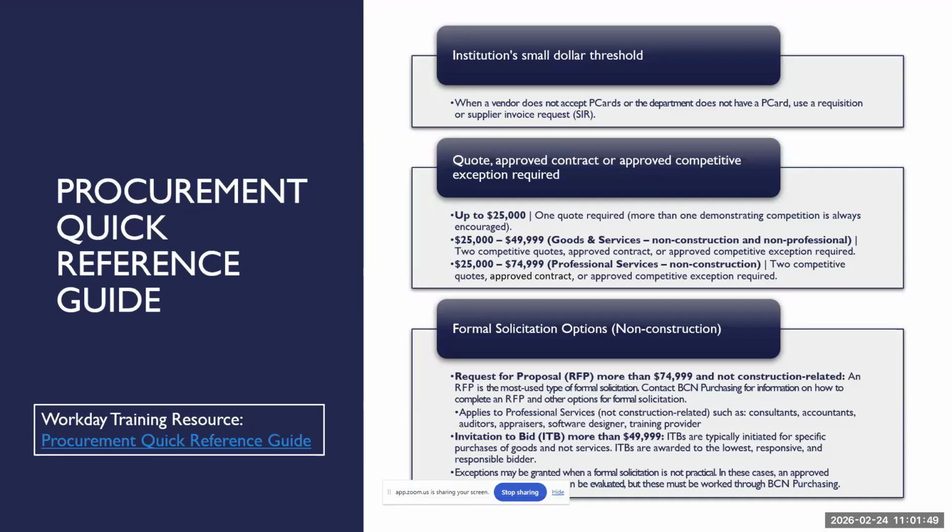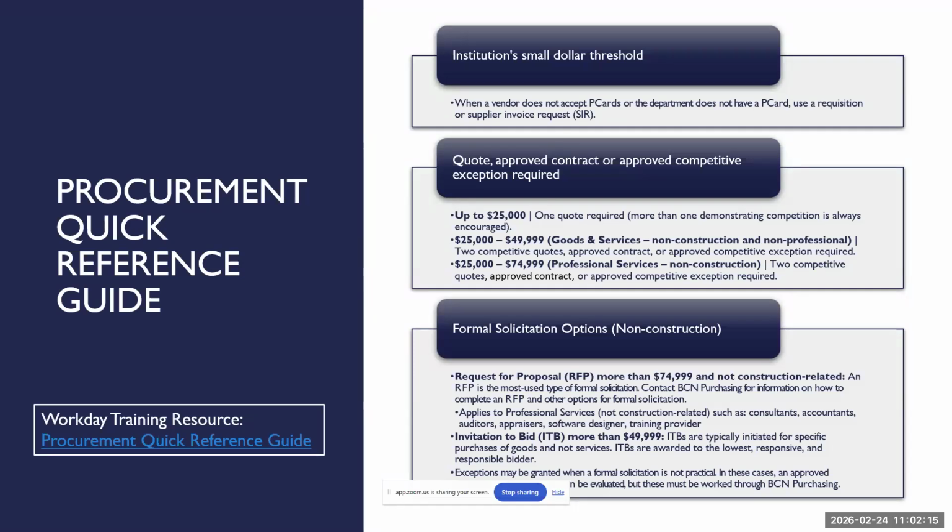The next section is kind of all together, but we'll go through each of those thresholds. Under the quote, approved contract, or approved competitive exception, anything between that 2,000 and 24,999 will require a requisition and only requires one quote to be attached. We can also tie an existing contract if that's available.